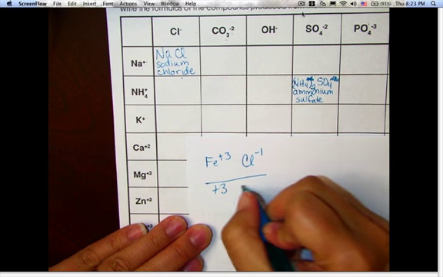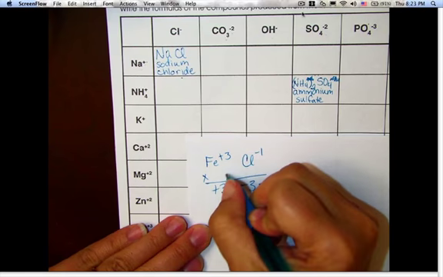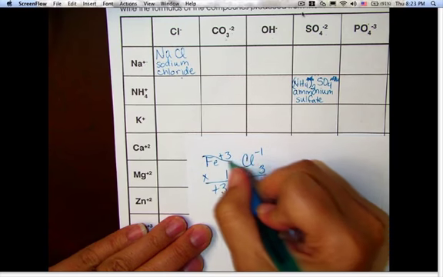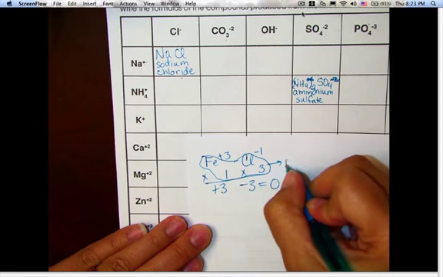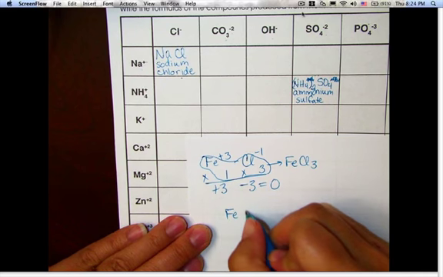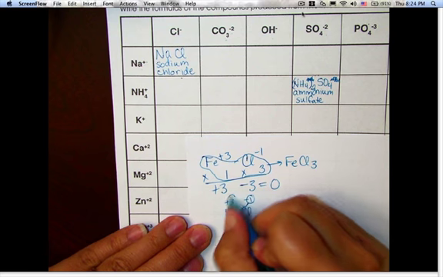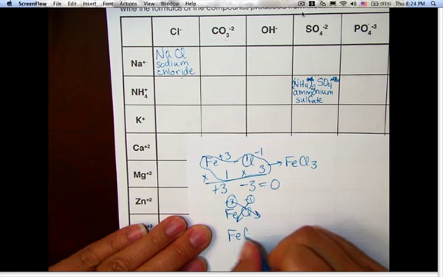So I want a +3 with a -3 to cancel out. So I'm going to have to multiply the iron by 1 and the chlorine by 3. And then the formula here is FeCl3. Or the crisscross method. 1 here, 3 here. Remember we dropped the negative signs. FeCl3.